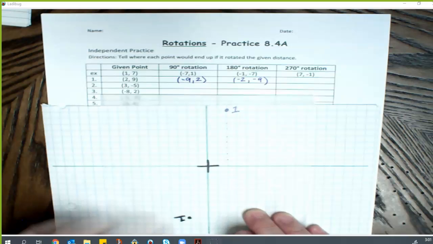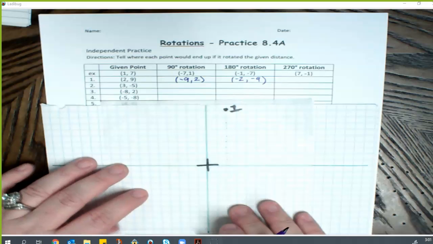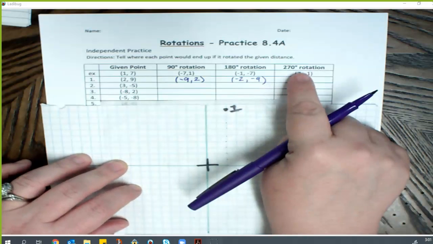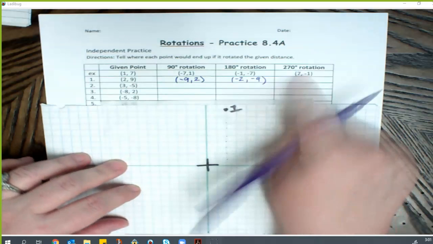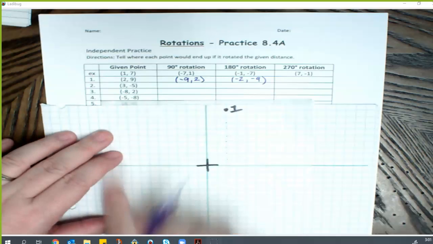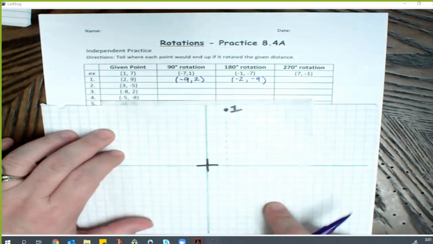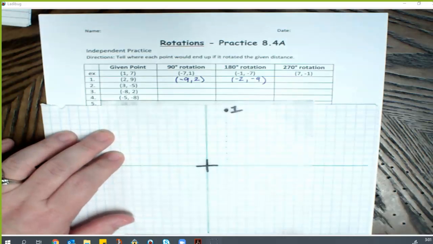All right, reset. Now we have to do the last rotation. How many turns is that one going to be? 270 degrees. Remember, every turn is 90 degrees. So 90 plus another 90 gave me 180. Plus another 90 gives me 270. So how many turns is that going to be? 3 turns.